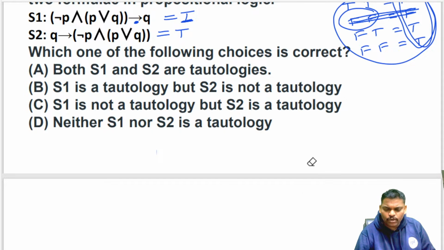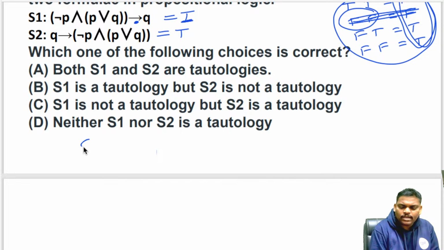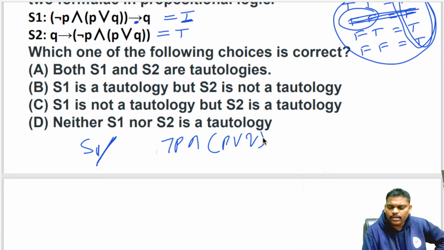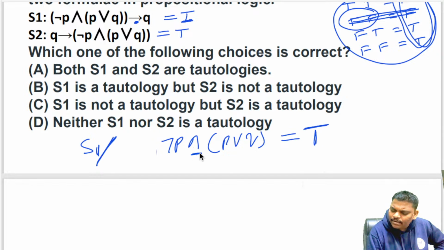So I am going to do it now. S1 I am trying: negation P and (P OR Q) implies Q. Assume the left side as true. If you assume it, with the AND operator both parts should be true.